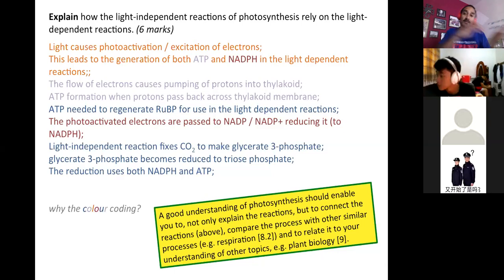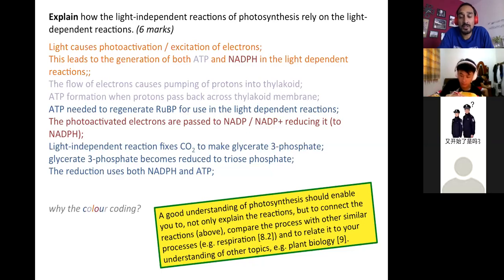How is it connected to the two halves of this process? Then also make connections between respiration and photosynthesis. What similarities are there? What differences are there? Because there really is a lot, and it helps to know the common aspects of both, because it's almost like you have to learn only half of it.